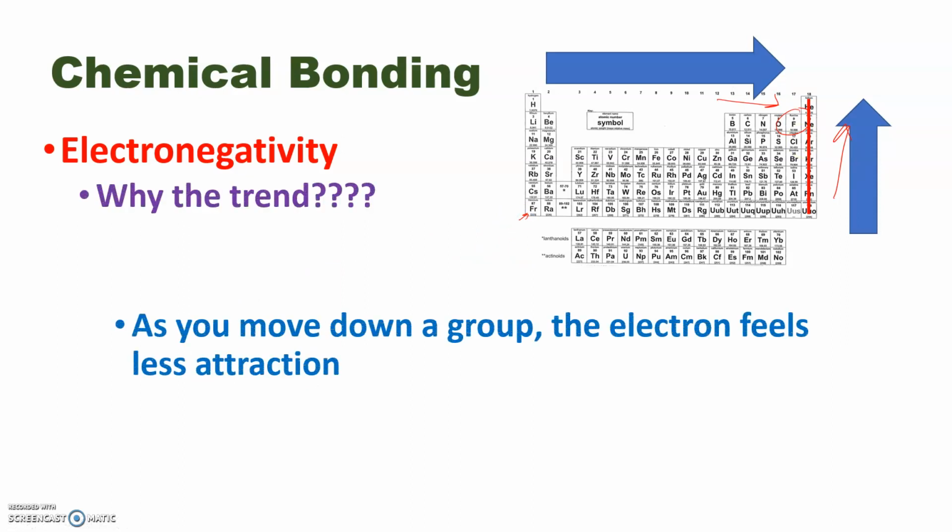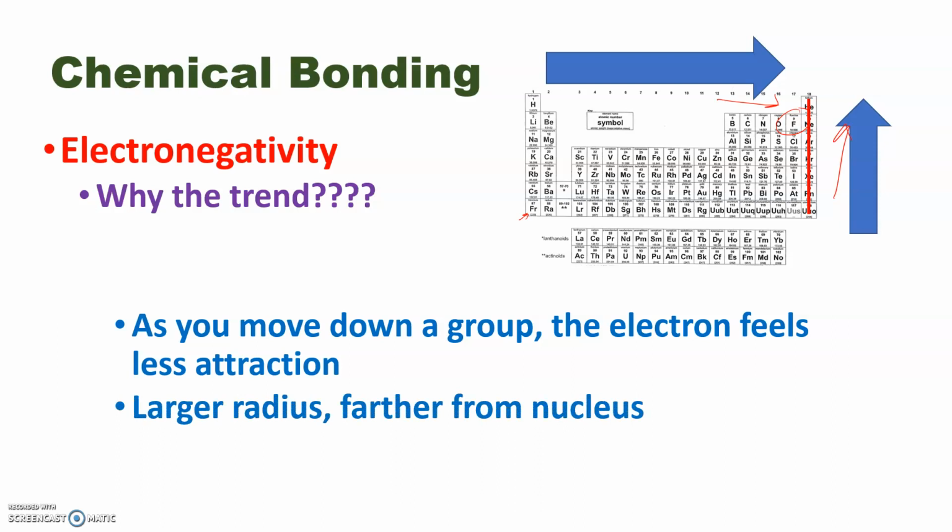Now, why the trend? As you move down a group, the electron feels less attraction. Do you remember that as you go down a group, the elements get more layers?